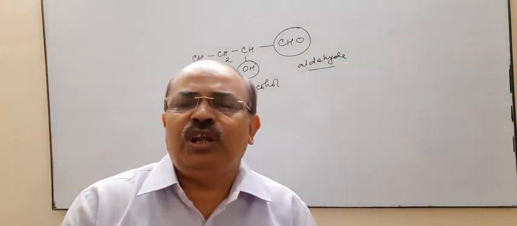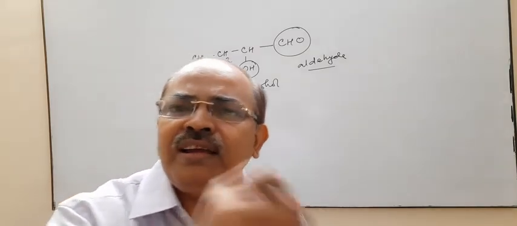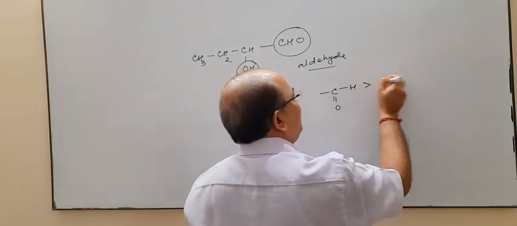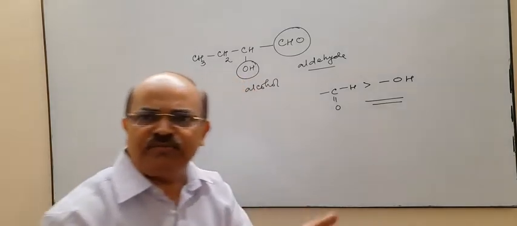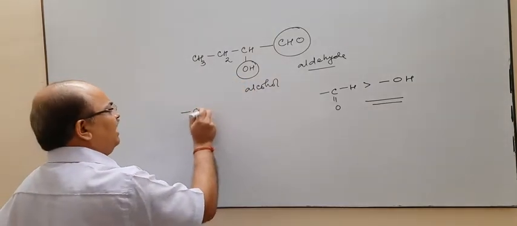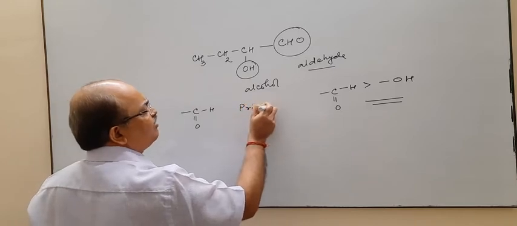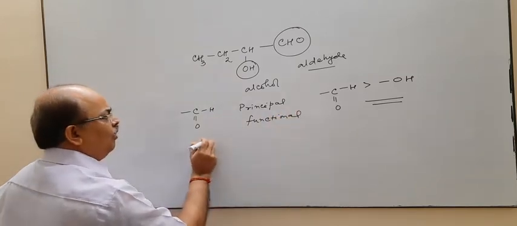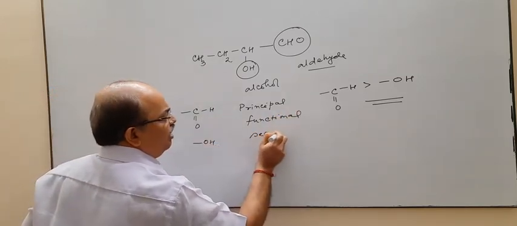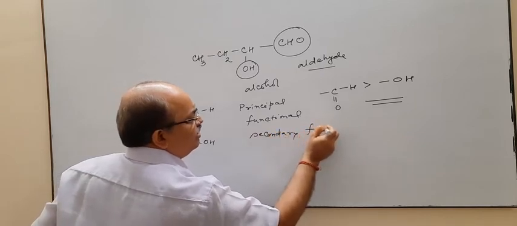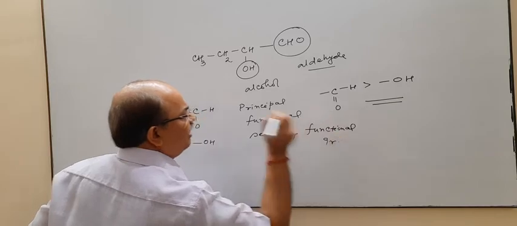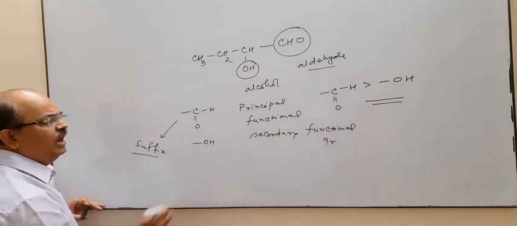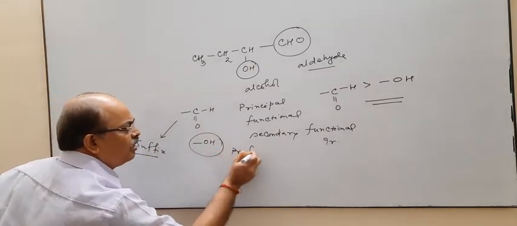For your information, your aldehyde functional group is senior to your alcoholic functional group. So we can write this aldehyde is your principal functional group, while this OH is your secondary functional group. For the principal functional group we use suffix and for this OH we use prefix.